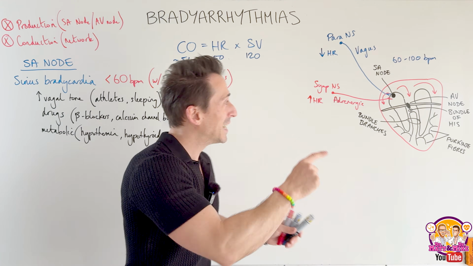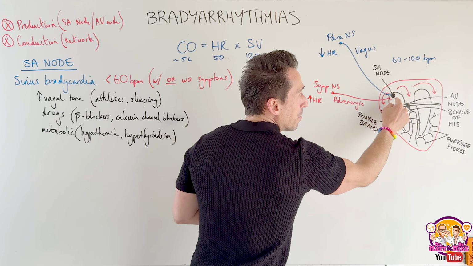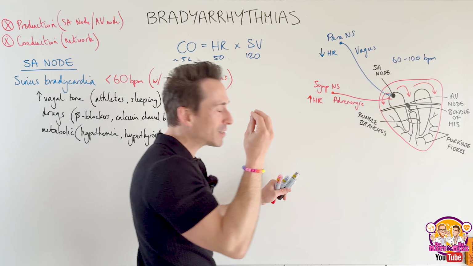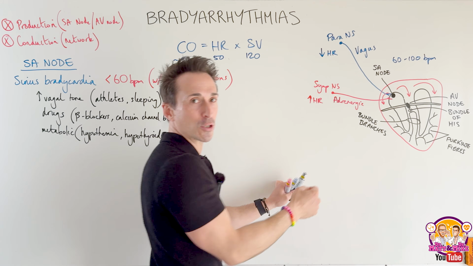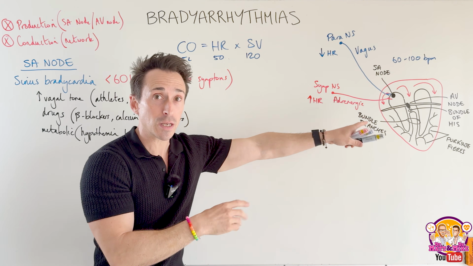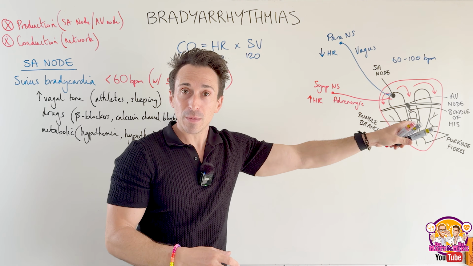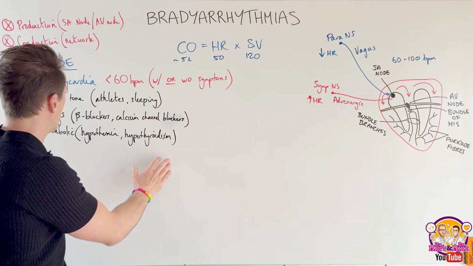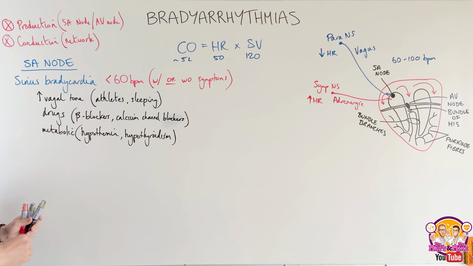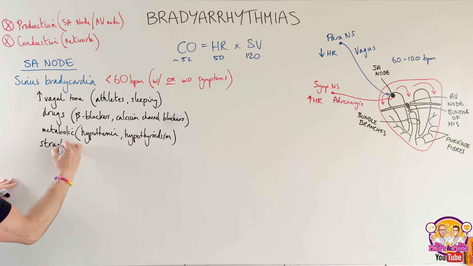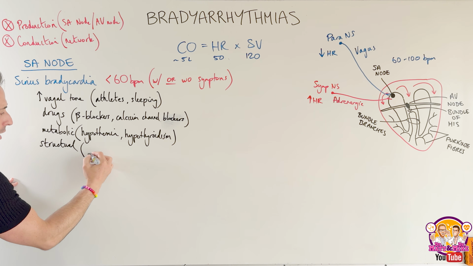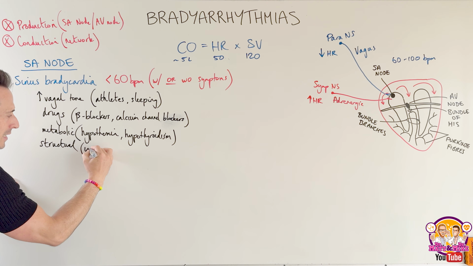Thyroid hormone stimulates beta receptors, triggers the production of beta receptors at the sinoatrial node. Less thyroid, less beta receptors, more vagal stimulation dominates, okay? So that can lead to a sinus bradycardia, or it could be due to a structural issue, okay? Structural. Now this structural issue might be something like somebody has had ischemia.